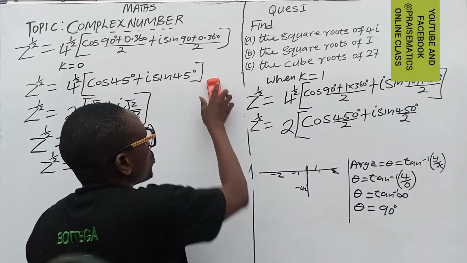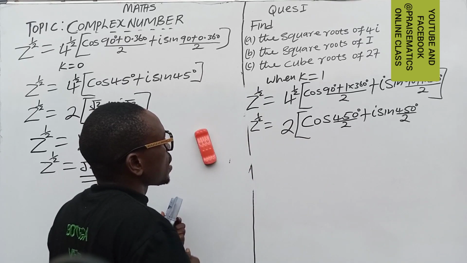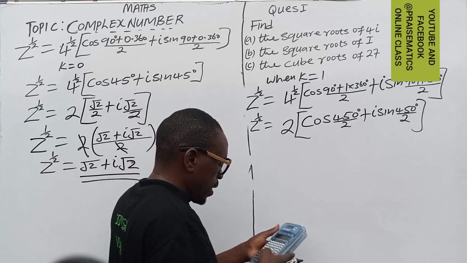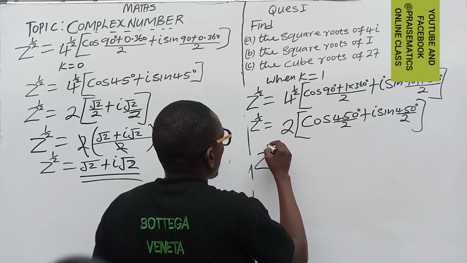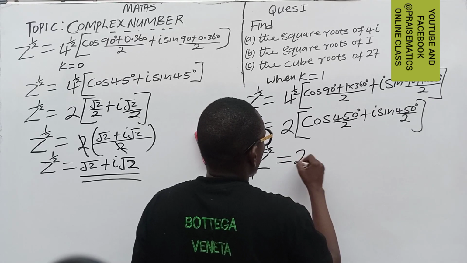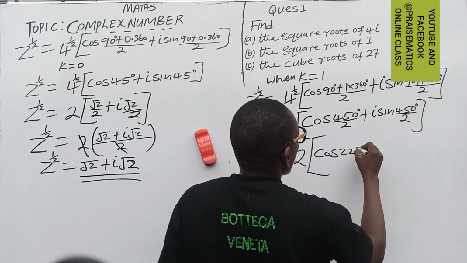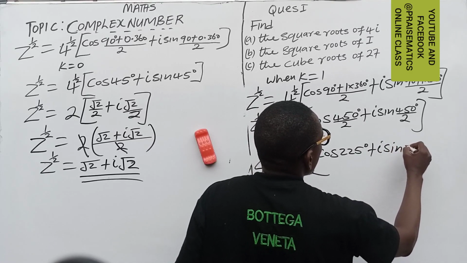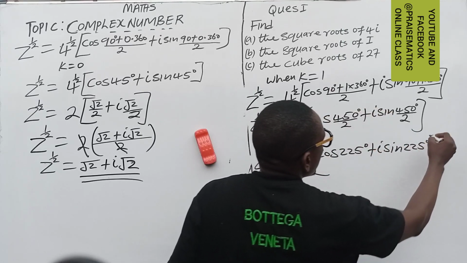So that is how to do it. Finally, 450 divided by 2 is 225. So we have that z to the power 1 over 2 is equal to 2 into cos 225 degrees plus i sine 225 degrees, because when divided by 2 you get this.